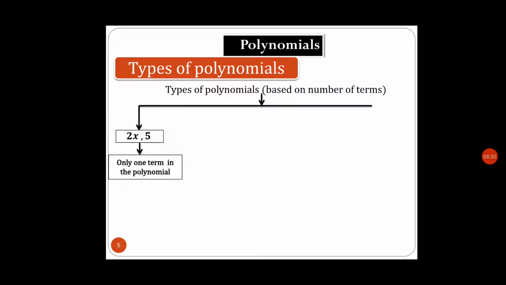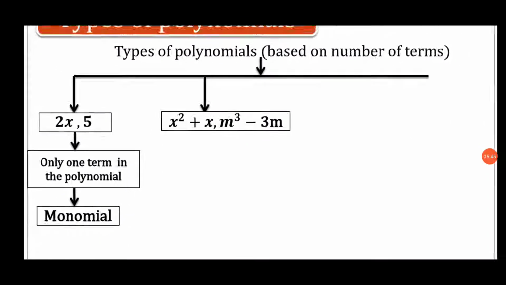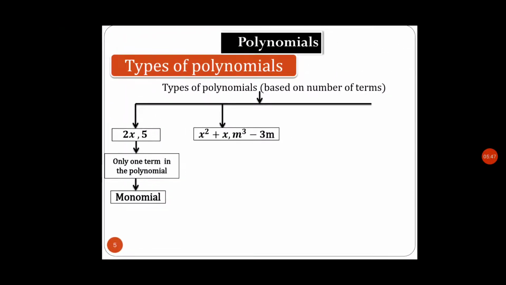A polynomial with only one term is known as a monomial. The second examples are x squared plus x, and m cubed minus 3m. Each expression has two terms.